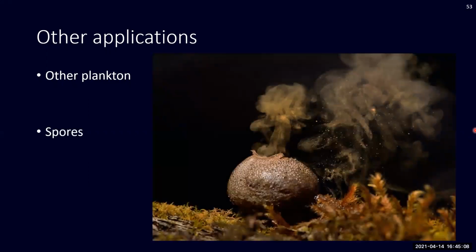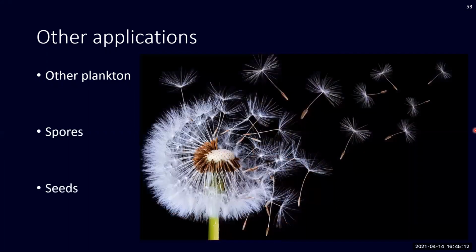It can also be applied to terrestrial systems, such as spores, seeds, and this is important from an ecological point of view and understanding how species are distributed and how these spores and seeds travel through the environment. I should mention that whilst CT scans were necessary for my work because forams are hollow, if you have something like a seed that's relatively solid inside, an external scan that captures that external morphology would be suitable.